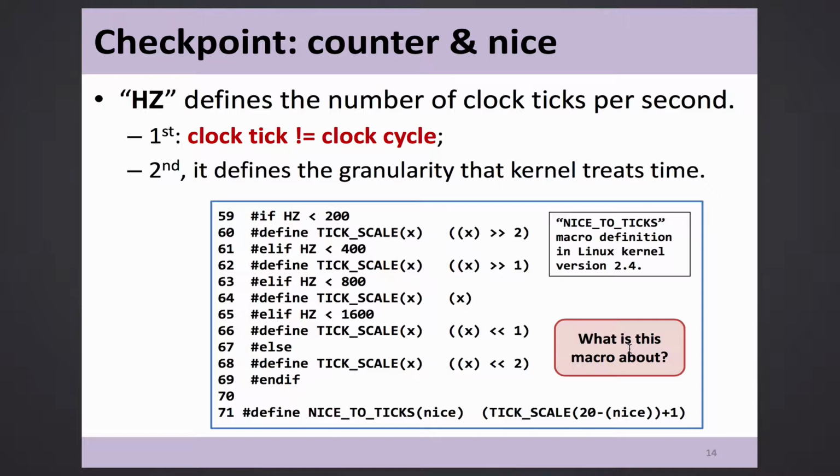Large. Slow CPU? Small. Okay, then you get the correct answer. But can you guess why that is? Because a faster CPU can execute faster, so if you recharge it with a larger clock value, you can still execute it very fast.